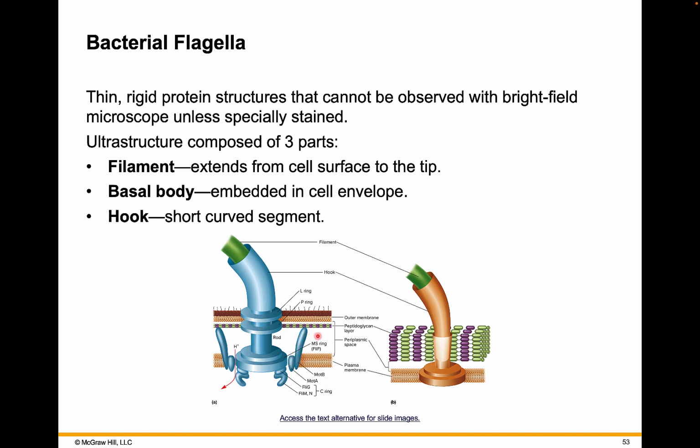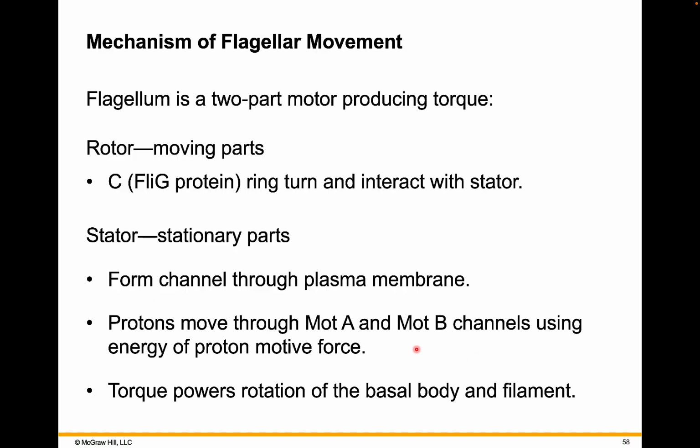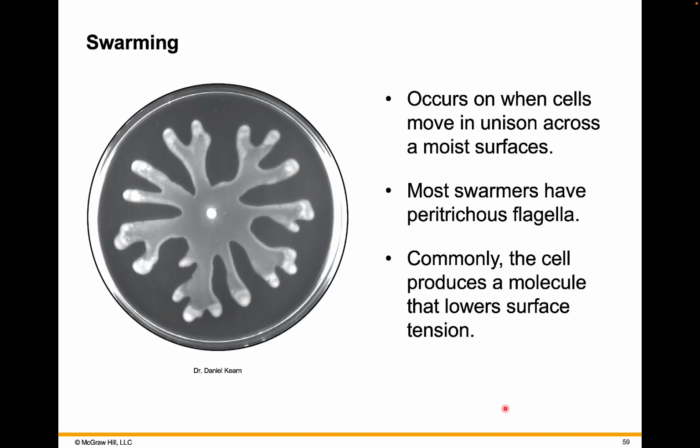So essentially, this is the rotor, and MotA and MotB are the stator. When the protons move through these MotA channels using the energy of the proton motive force, the torque powers the rotation of the basal body and the filament.